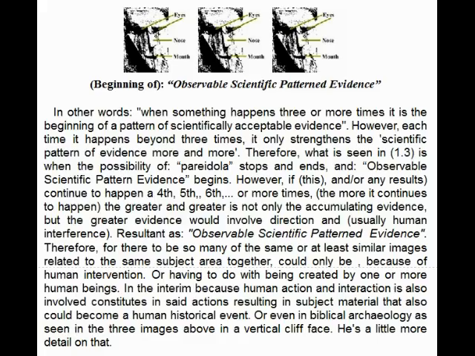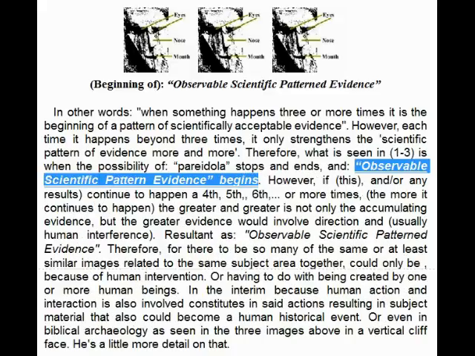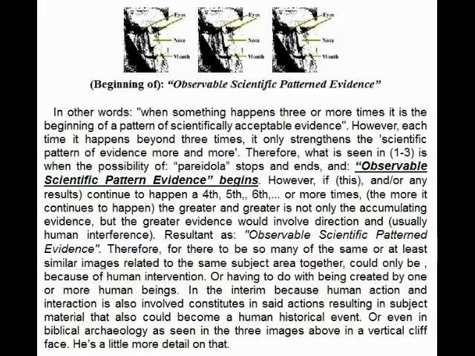In other words, when something happens three or more times, it is the beginning of a pattern of what is scientifically acceptable as evidence. However, each time it happens, it gives more and more evidence of the scientific factor of being observable scientific evidence.